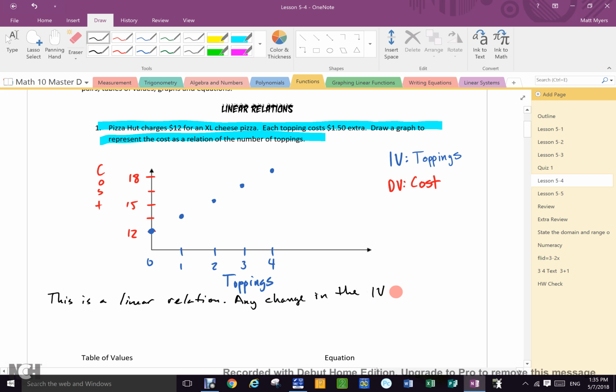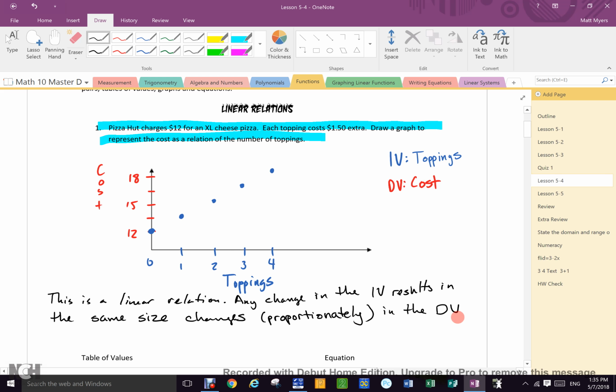Any change in the IV results in the same size changes, proportionately, and I'll talk about what that means in a second, proportionately in the DV. I'm going to show you what I mean in a moment.